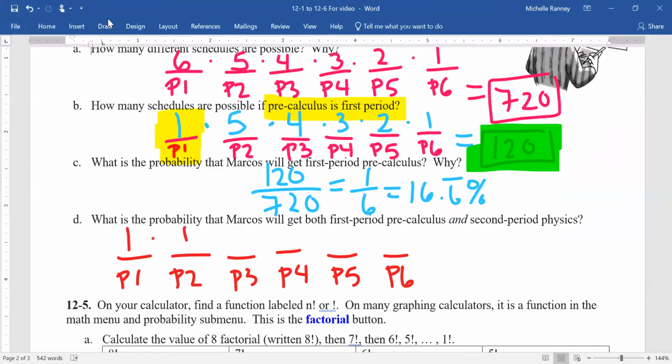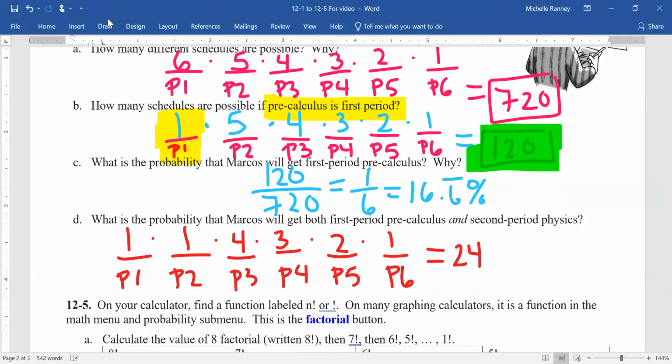There's only one way for him to have physics. So now we have 2 classes that are gone out of our 6 total classes, which leaves us with 4, and then 3, and then 2, and then 1. And when I multiply all this together, I end up getting 24.